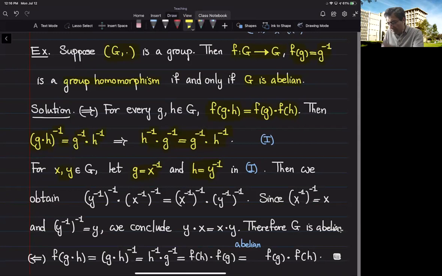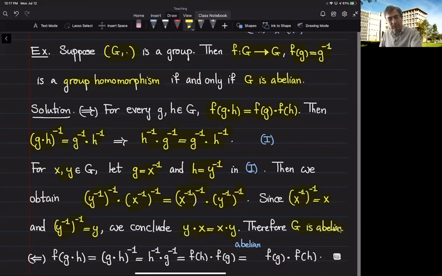Then the left-hand side is the inverse of y, inverse, times the inverse of x, inverse, and the right-hand side is the inverse of x, inverse, times the inverse of y, inverse. But notice, we showed that inverse inverse gives us back the element that we started with. So x inverse inverse is just x, and y inverse inverse is simply y. So from this equality, we deduce that x times y is equal to y times x, and that means that group G is abelian.